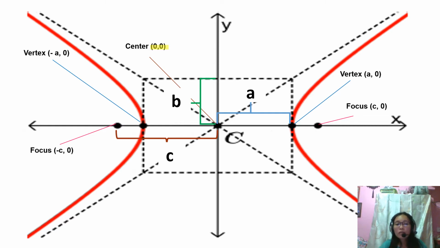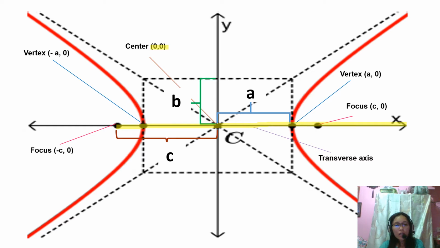So ang iya pong coordinates is (-c, 0) and (c, 0). Okay, so meaning to say, ang distance from the center padong ni focus 1 is c. And we also have our transverse axis. So, kani siya nga line.